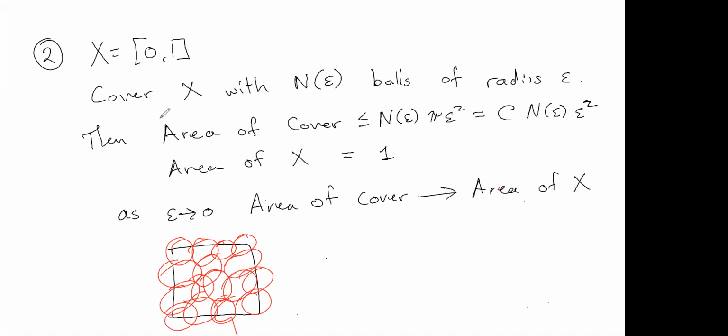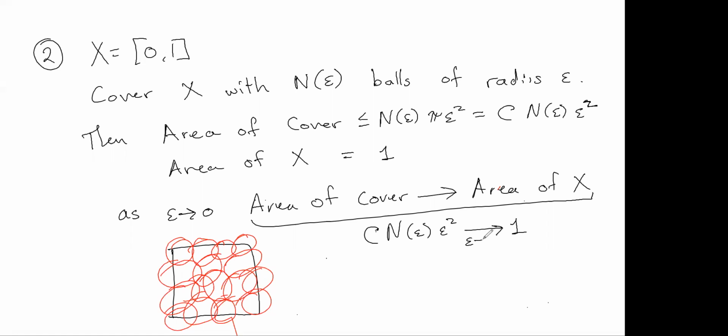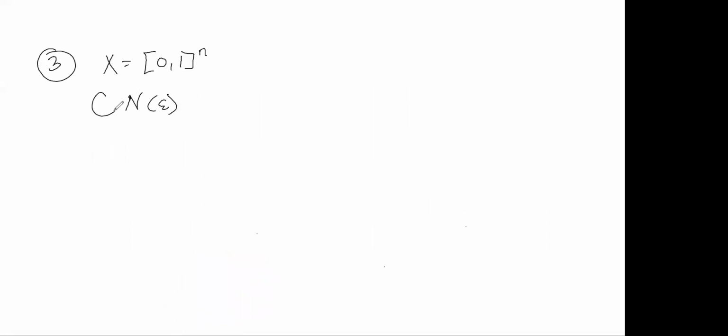Basically, from this we should get that a constant times n of epsilon squared should converge to 1 as epsilon goes to 0. And then same thing here, a constant times epsilon to the n should converge to the volume of X, which is 1.